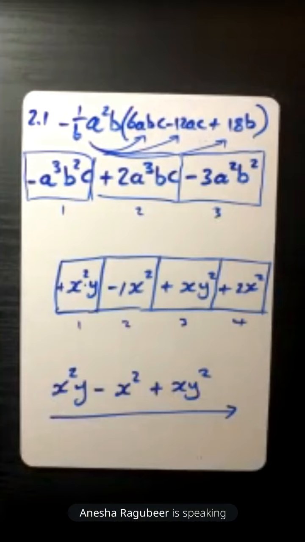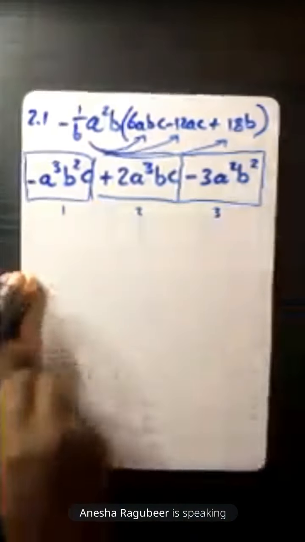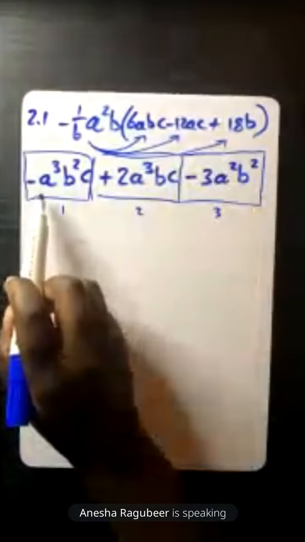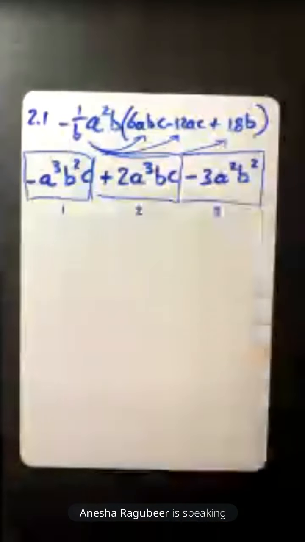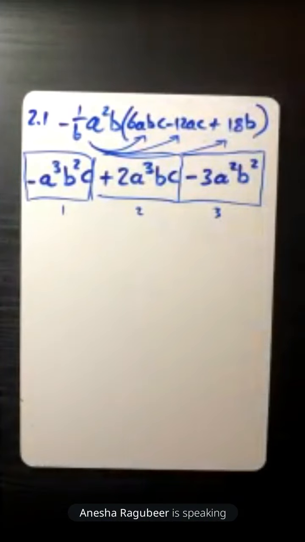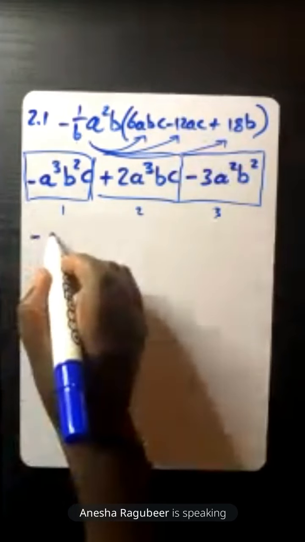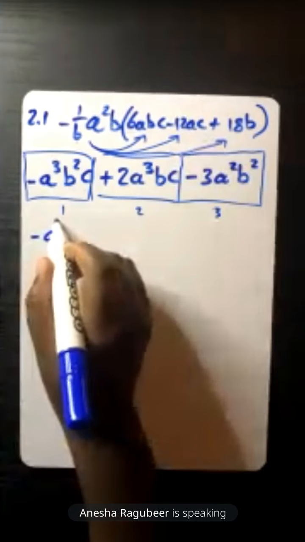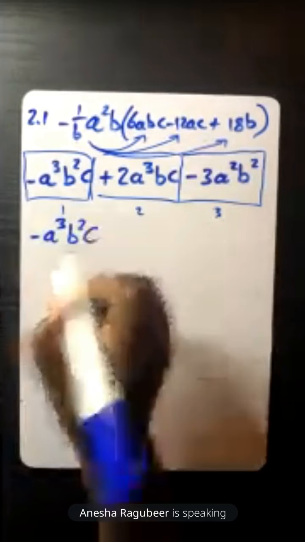Yes, sir. So now let's go back to the main problem. So Shreyas, let's check. Do we have a like term similar to that one there? No, sir. We do not have, which means it remains as a to the exponent 3b squared c.